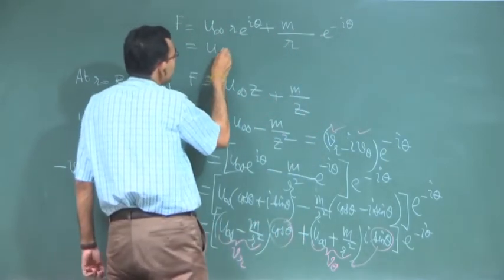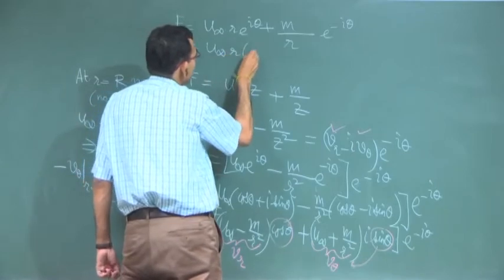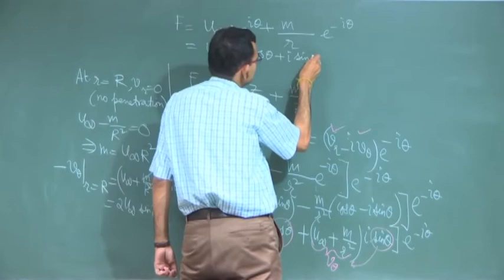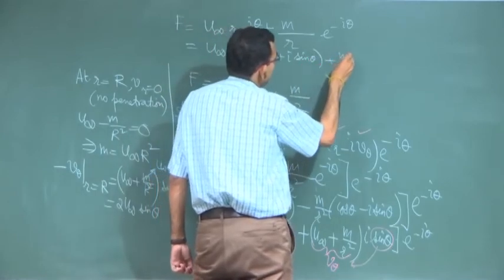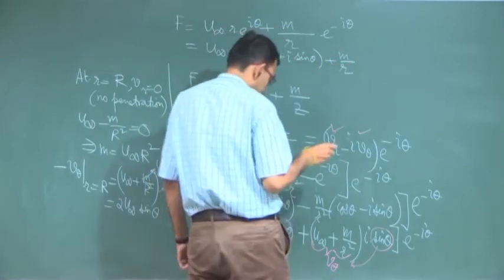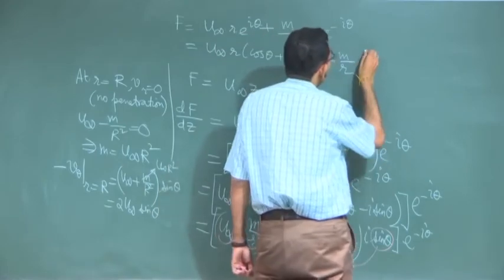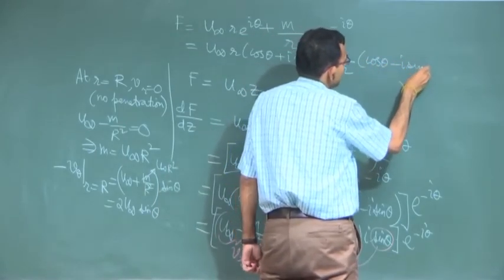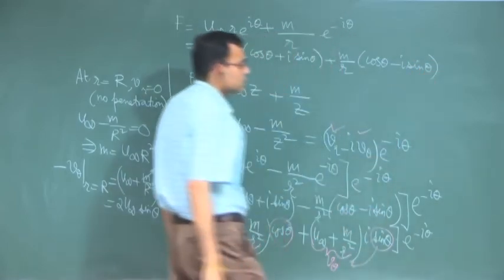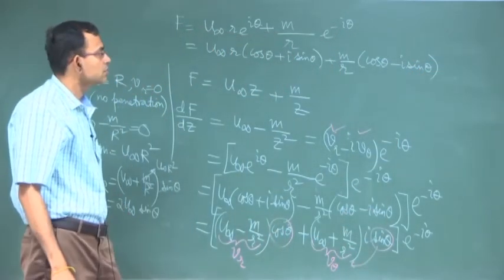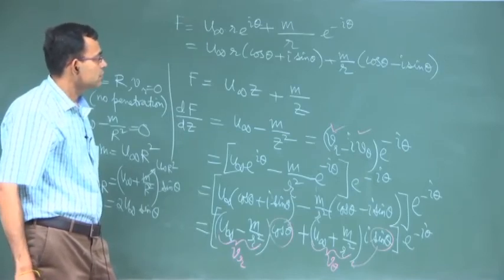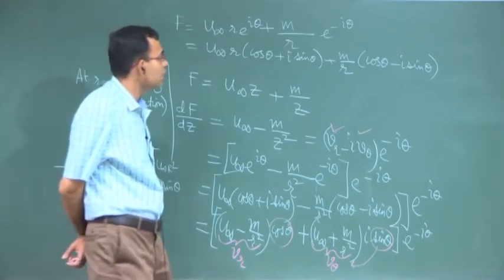So, u infinity r (cos theta plus i sin theta) plus m by r (cos theta minus i sin theta).